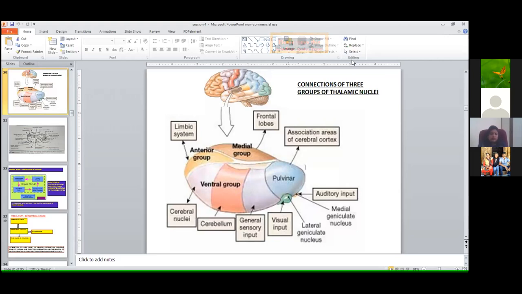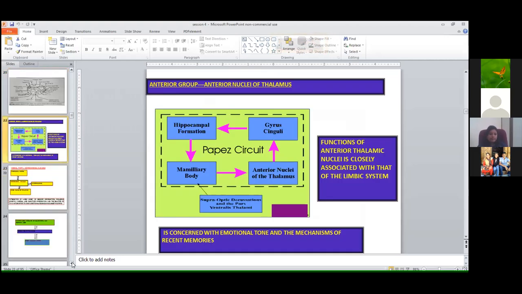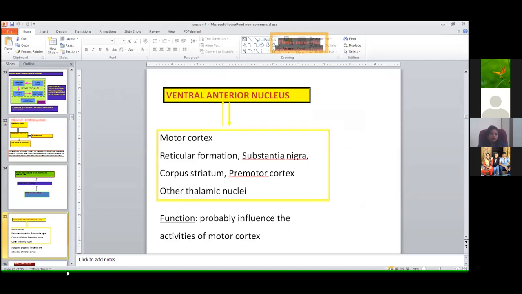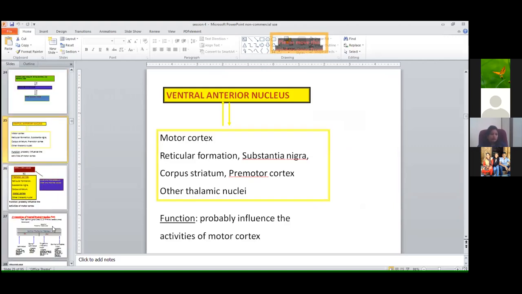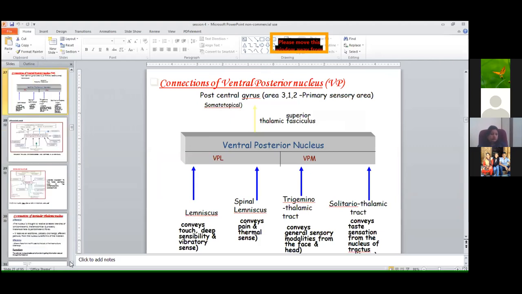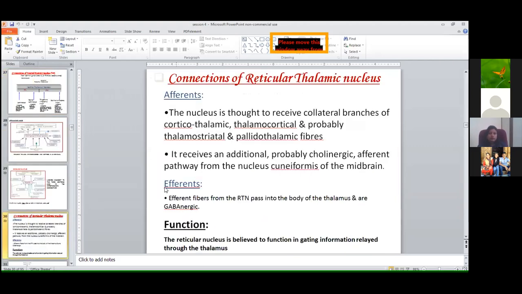Ma'am, can you explain the connections of the reticular thalamic nucleus? The reticular thalamic nucleus is related to the reticular formation, which you study in physiology.